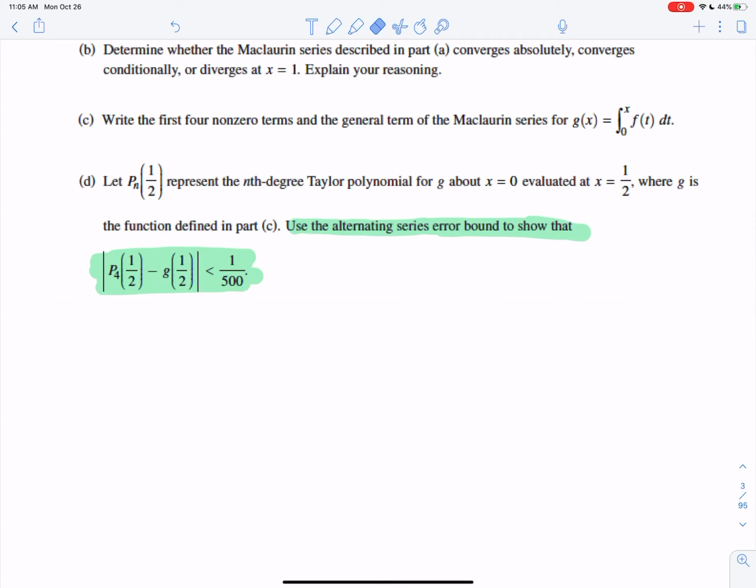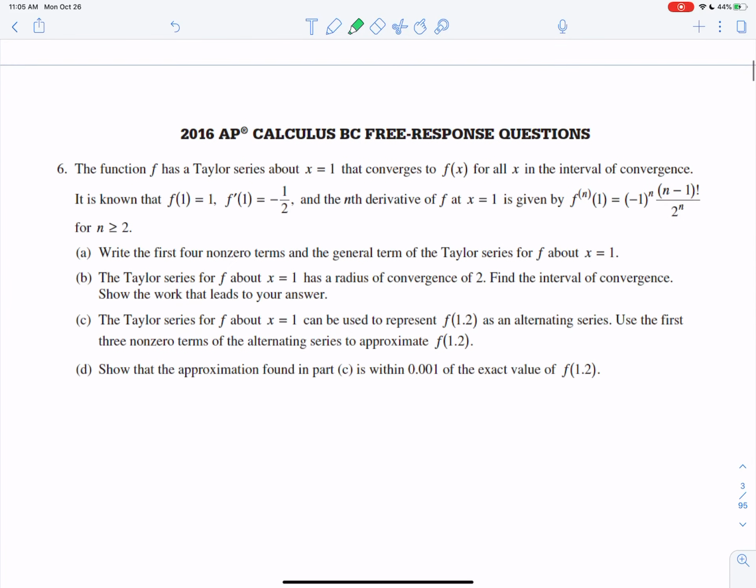All right? So you'll see that in the next few examples here. But let's keep going. Back to our highlight. 2016. Okay, in part D, show that the approximation found in part C is within 0.001 of the exact value. If you go back to part C, we're approximating, so that's our estimate, and we're trying to show that it's within 0.001 of the exact.